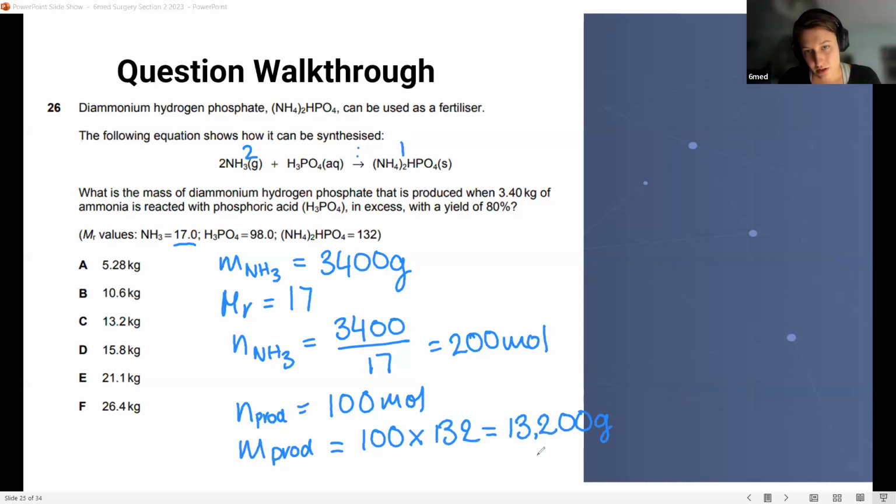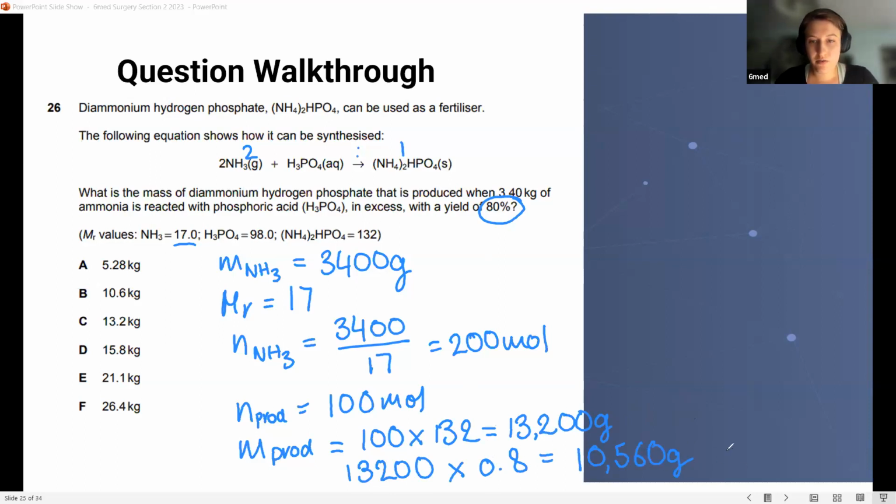13,200 grams. However, we've been told we've got a yield of 80%. So I'm going to do our mass times by 80% or times 0.8, which would give you 10,560 grams.